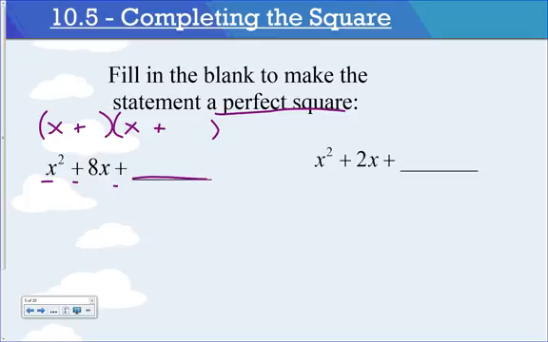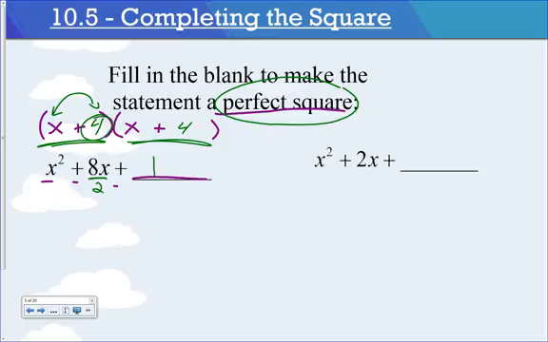We multiply the first term and the last term, right, to get something, and then we double it to get there. So I need to cut that in half, which would make it a 4. Since it's a perfect square, these two things are going to be the same. And then that last term would be that last term squared.